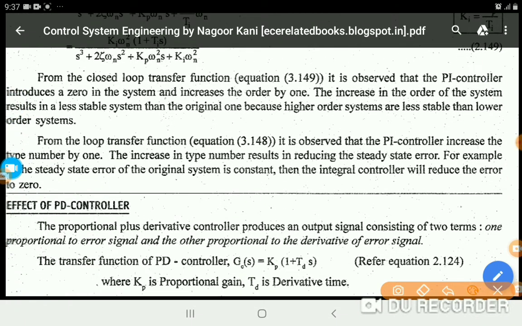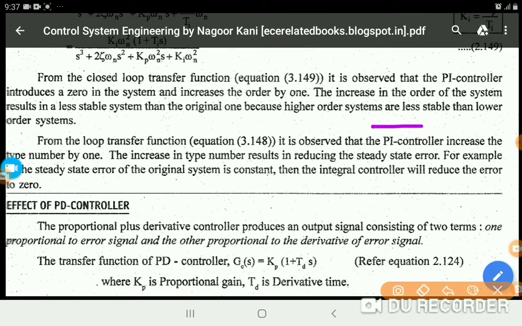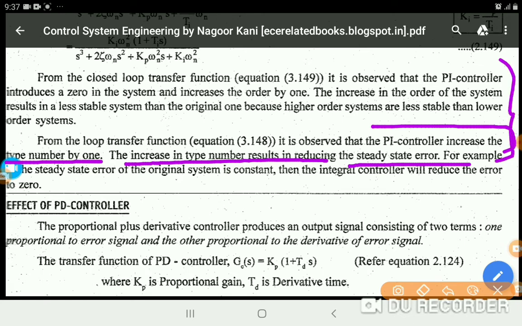So here the finding is, the PI controller increases the type number by 1, and if we increase the type number, it results in reducing the steady state error. So these are the two findings that we made in this analysis.